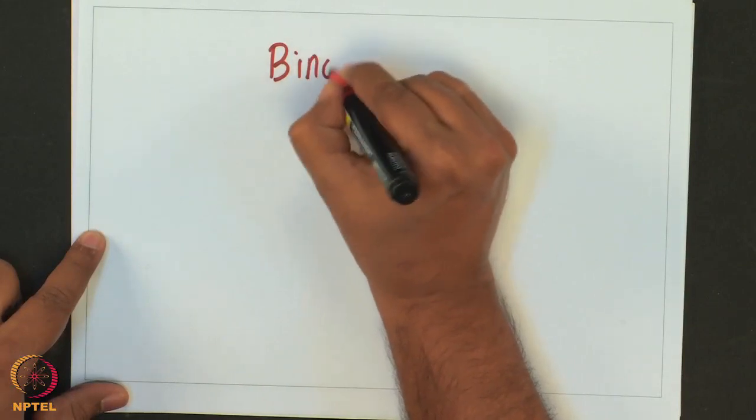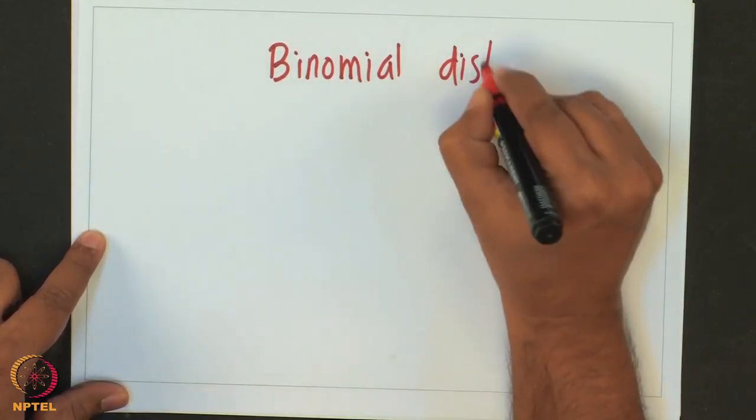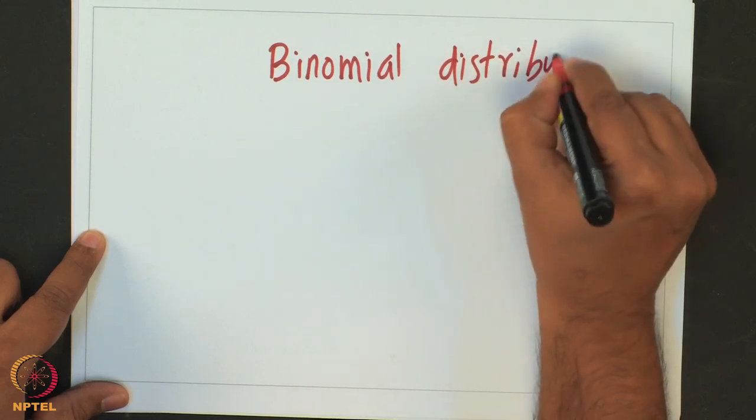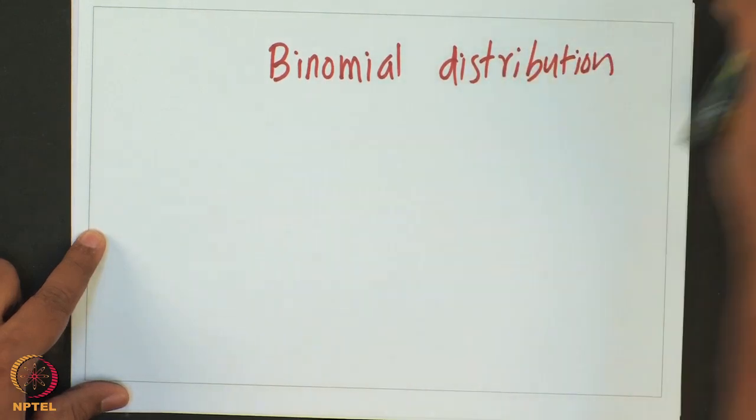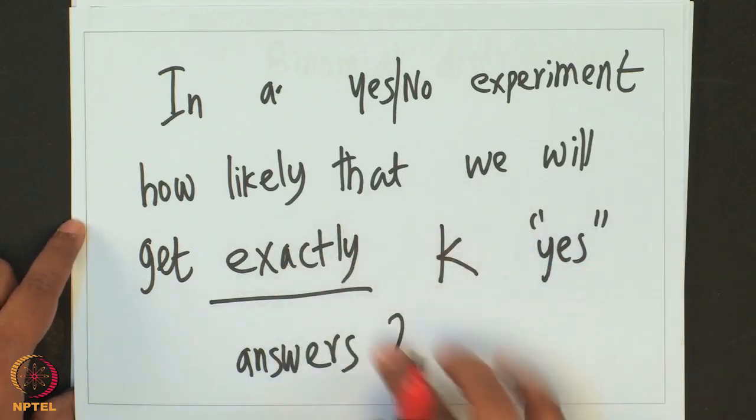Now this question can be answered mathematically, and this is called a binomial distribution. So the binomial distribution answers this question: how likely is it that we will get exactly k yes answers?